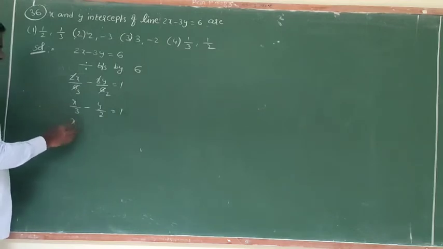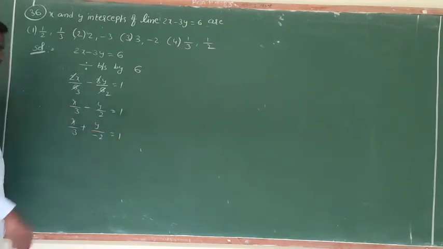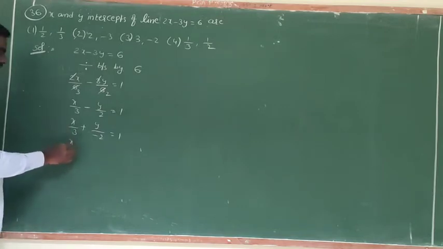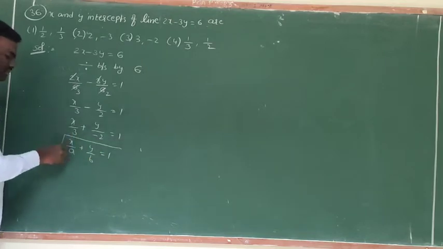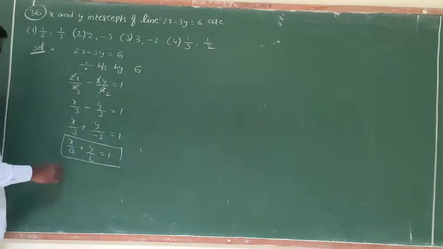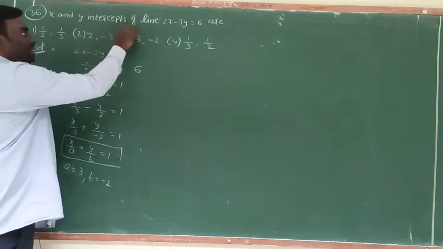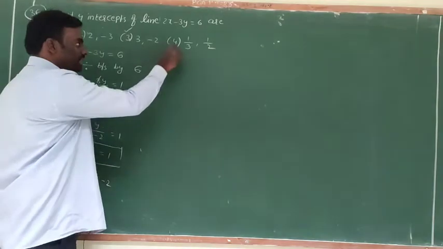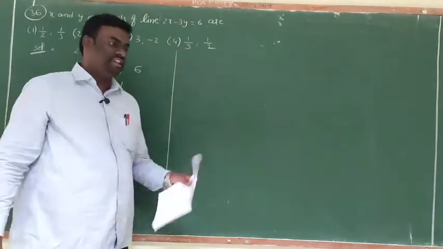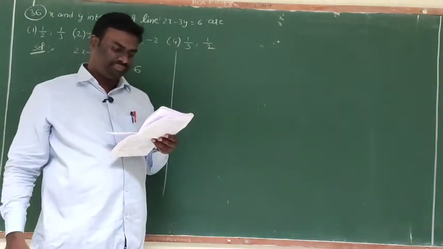It can be written as x by 3 plus y by minus 2 equals 1. It is in the form of x by a plus y by b equals 1. Therefore, the x intercept is 3, the y intercept is minus 2, so 3 comma minus 2, that is nothing but option 3, the correct answer.